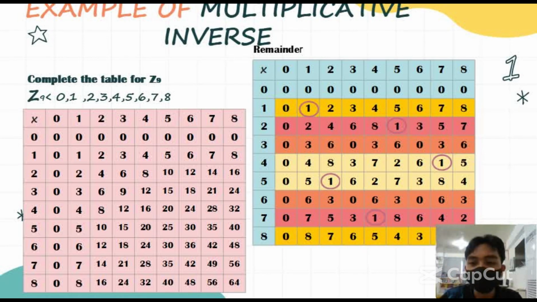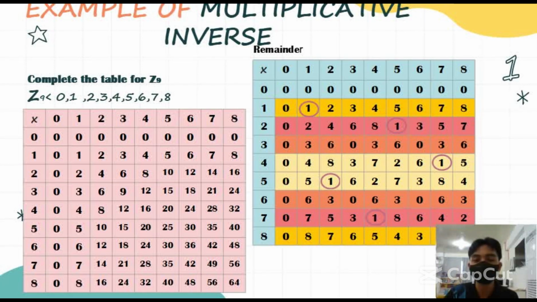Pag imuha na siyang balikon, mauna na diri si 5, 1, 6, 2, 7, 3, 8, 4. So, mao ni ang ihang naka-nice diri it's because naa siya pattern. So naka-reverse lang ihang pattern kung unsa diri mao pud iyang kabaliktaran diri. So that's how you're going to get the remainder using the Z table, the multiplicative inverse table.